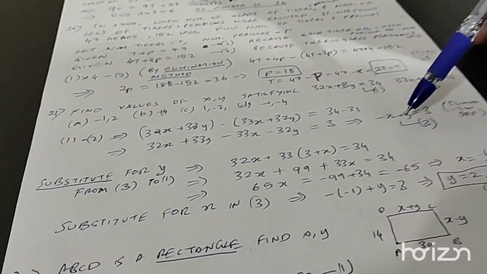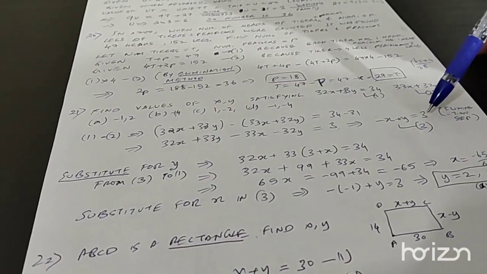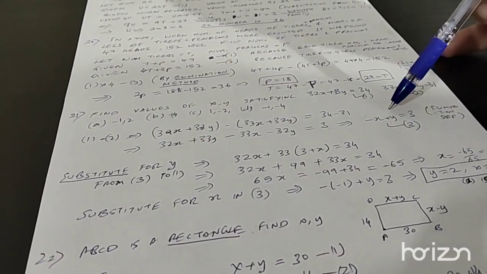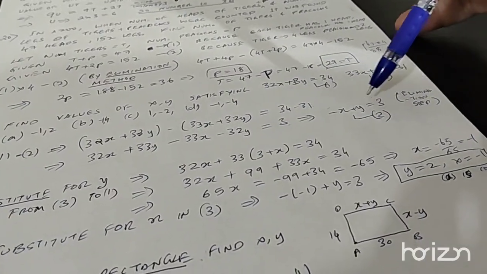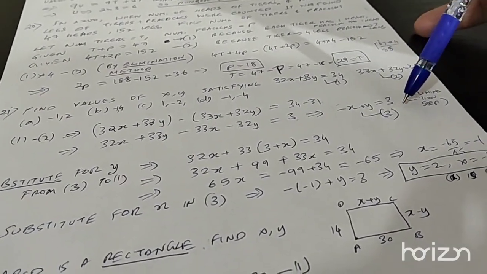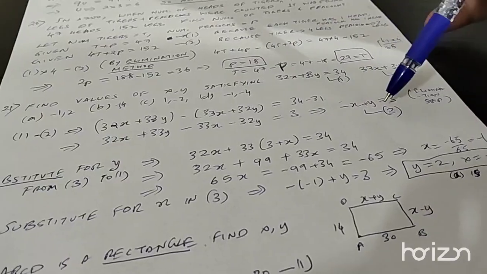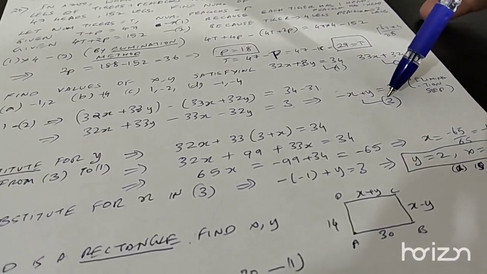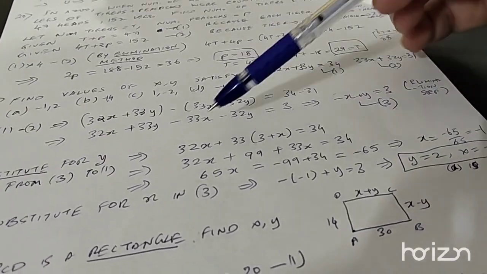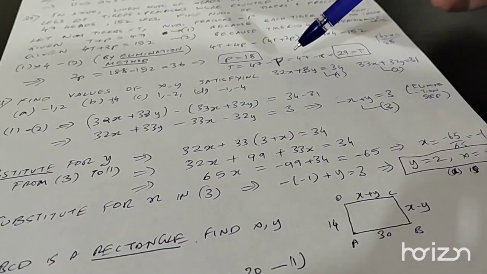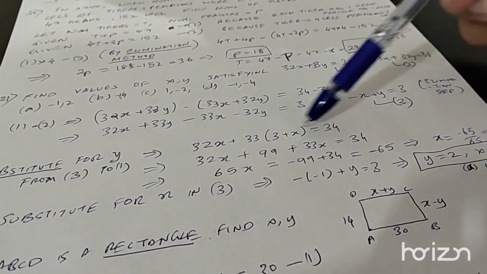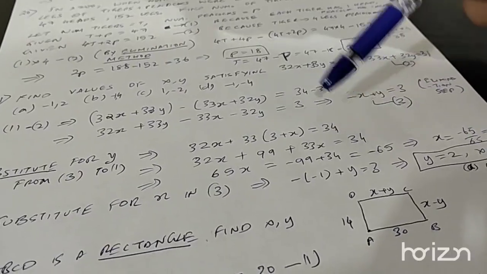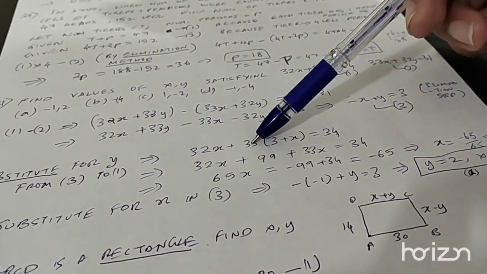Now this says that minus x plus y is equal to 3, you can use this for substitution. So minus x plus y is equal to 3 means y is equal to 3 plus x. So y is equal to 3 plus x, you substitute for it in equation number 1. 32x plus 33, instead of y, you substitute in bracket 3 plus x, is equal to 34. 32x plus 33, 3s are 99.